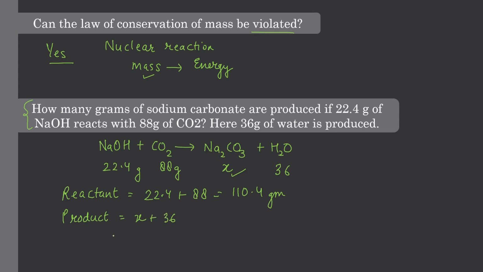According to the law, we know that mass of reactant is equal to mass of the product. So mass of reactant is 110.4. Mass of product is X plus 36. What is the value of X now? It is 110.4 minus 36. And on subtracting, we will get 74.4 gram. And that is our answer.